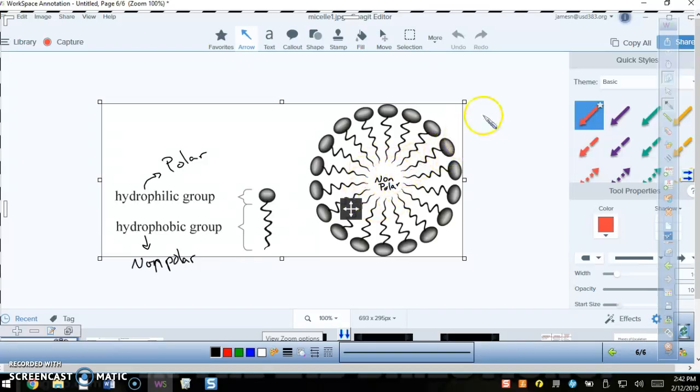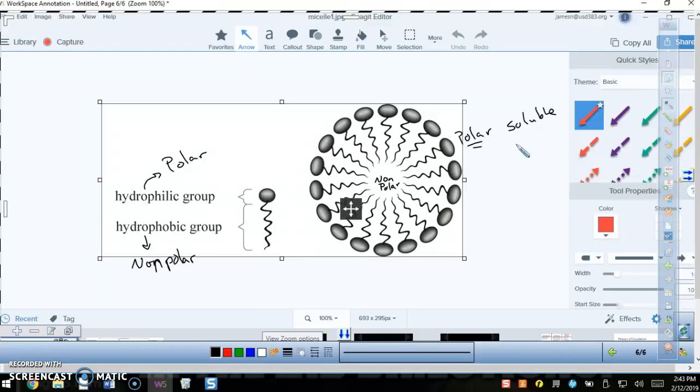When it does that, it creates a micelle with all the nonpolar sides facing inward and the polar sides facing outward. And so now the outside of this micelle is polar and soluble in water. So then it can be lifted away and carried away with your water when you're washing your hands or whatever else you're washing.